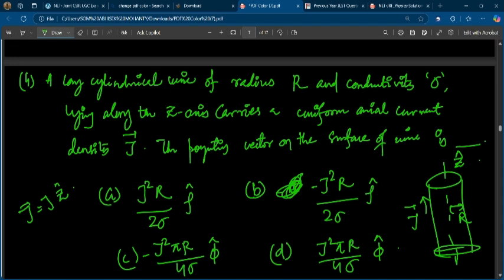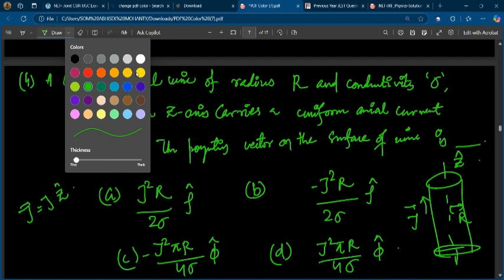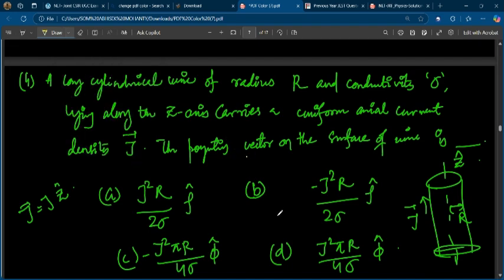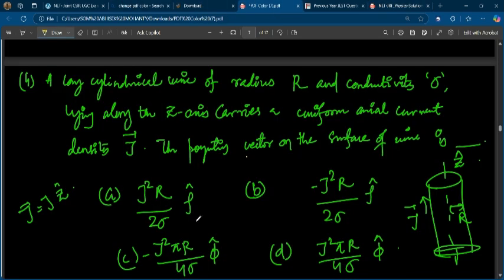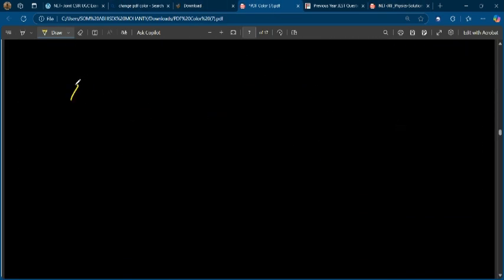So Poynting vector means what? You have to find electric field and magnetic field to get the Poynting vector, right? Poynting vector S is equal to E cross B by mu naught, or E cross H. Now you have to find electric field for the wire.